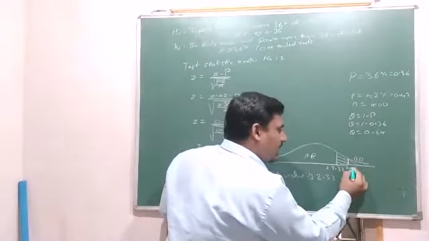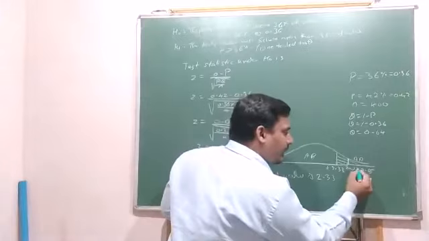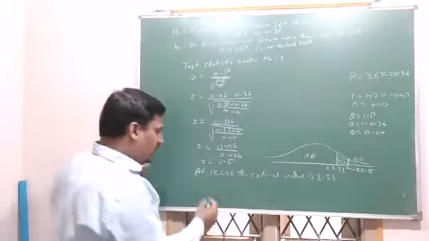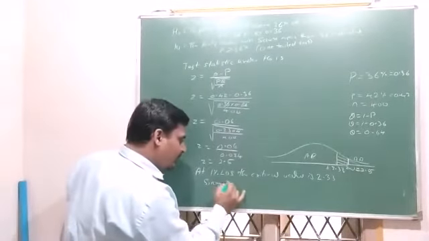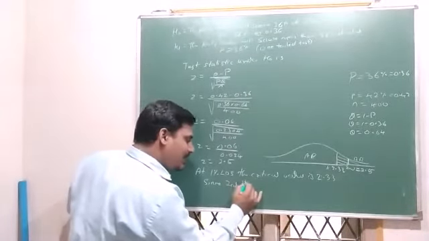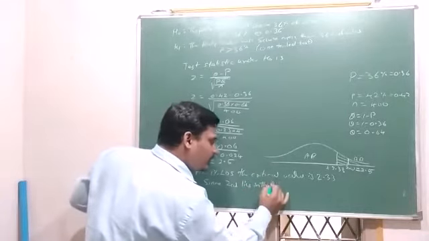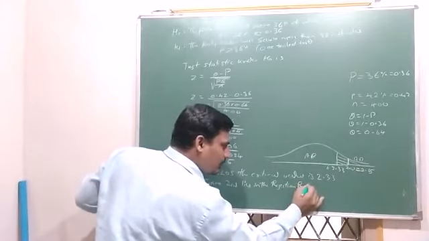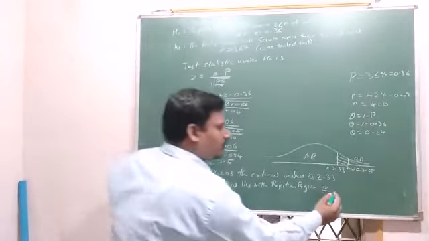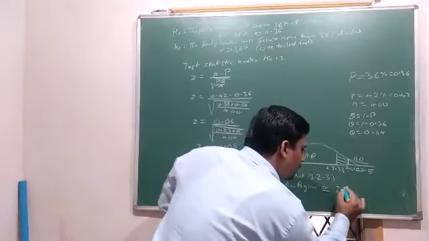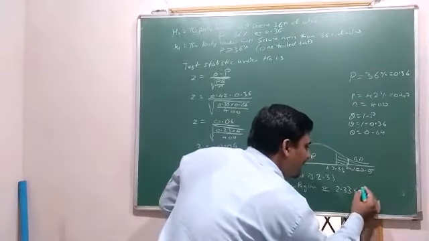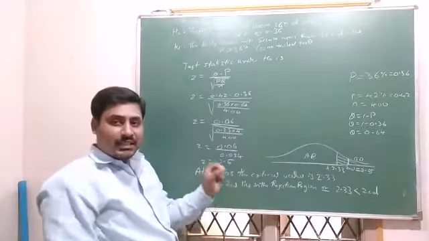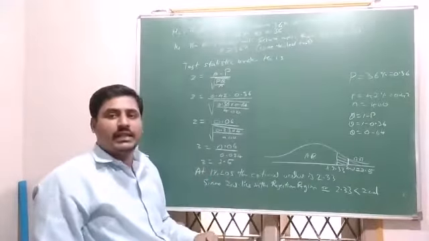So Z calculation is equal to plus 2.5. Since Z calculation lies in the rejection region, the K value 2.33 is less than Z calculation.